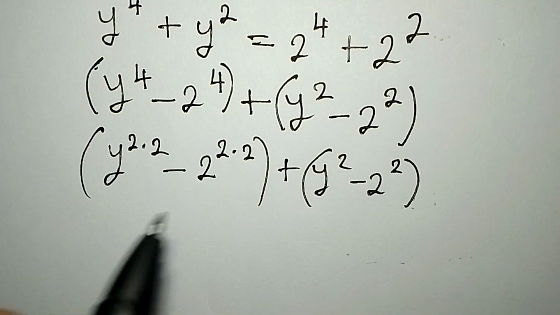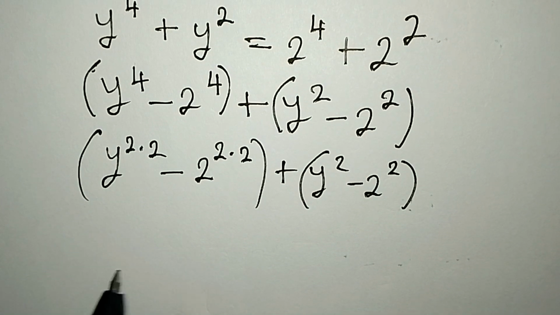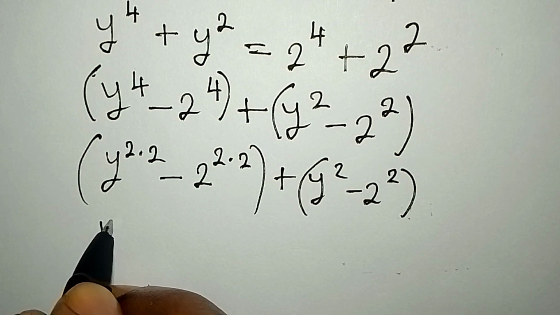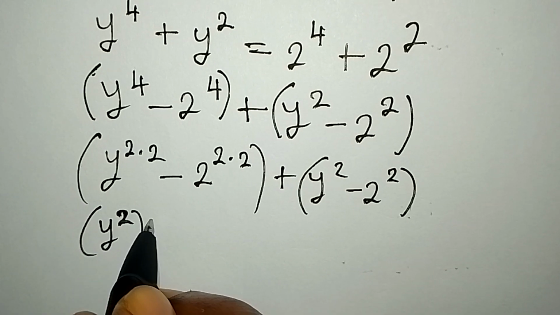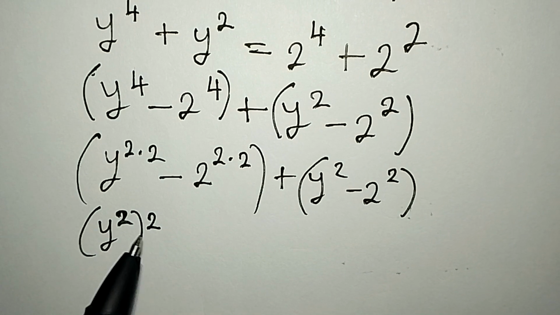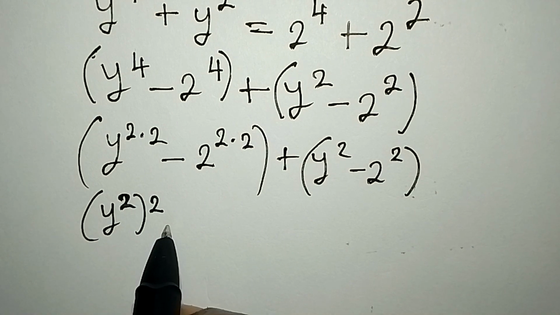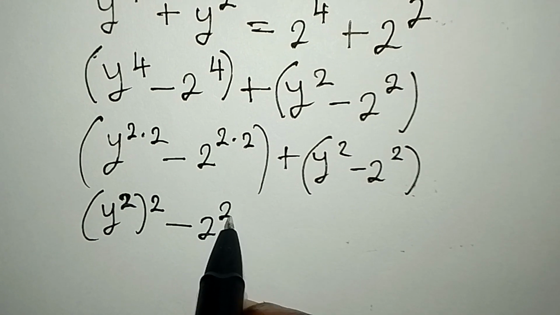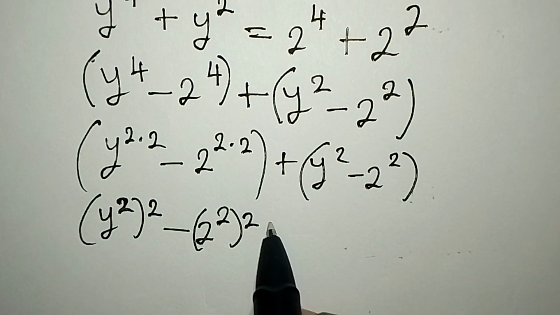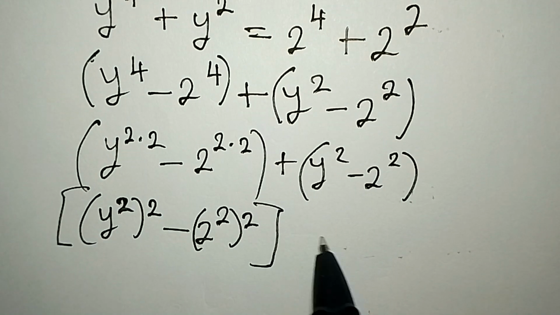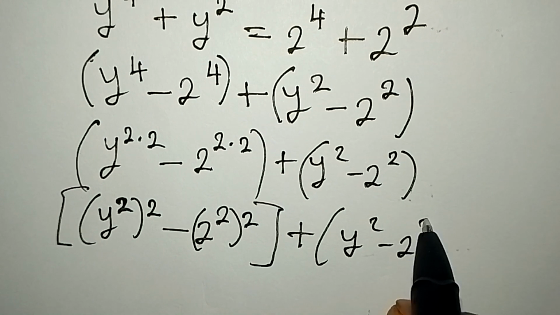This is the same as y squared to the power of 2, because this bracket still implies multiplication, then minus 2 squared to the power of 2. Then I will deal with this separately. Then plus open bracket, we have y squared minus 2 squared.